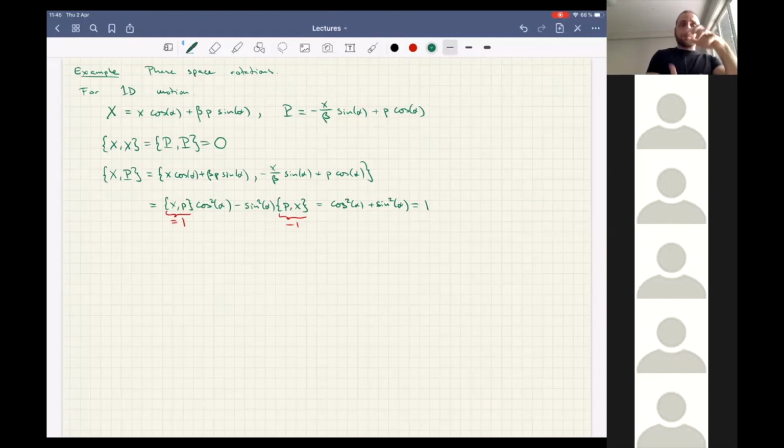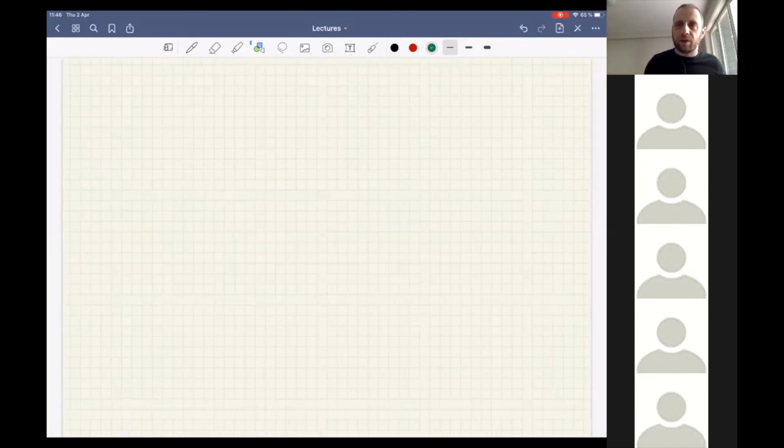So this phase space rotation indeed is a canonical transformation. Any questions on that? I'm going to take one more example. We'll take up most of the rest of the lecture.